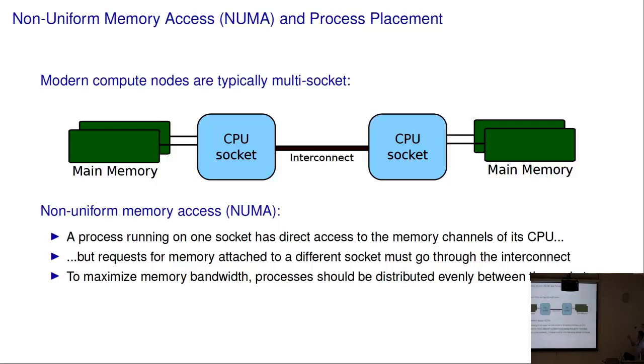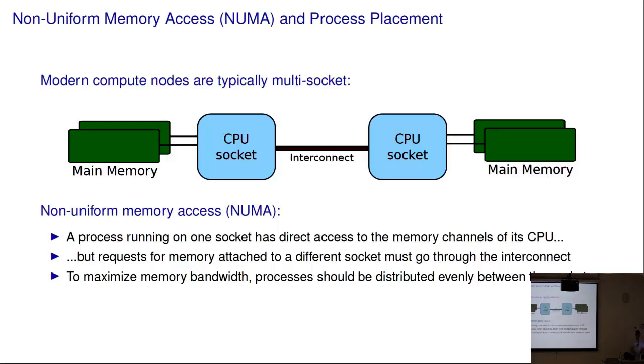The trends that we're seeing exacerbate this problem because, as we add more cores to the system, you can only put so many cores on the CPU, so you have multiple sockets. Modern compute nodes are typically multi-socket, with at least 2, maybe 4 sockets. What this means is that you have non-uniform memory access.